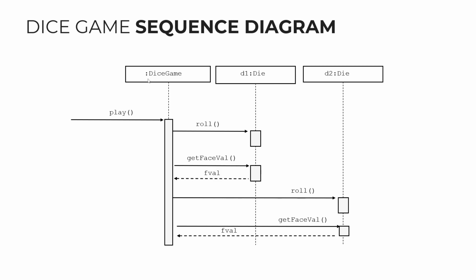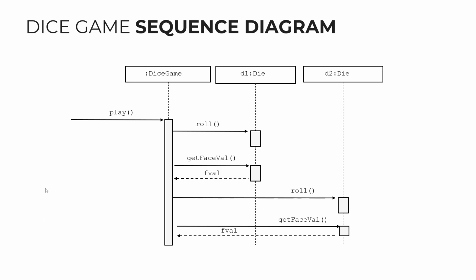It means that we don't care about the name. Any object of type dice game would do. But here we want to distinguish between two dice, so they will be D1 and D2. Therefore, we require a name to distinguish between them. But for dice game, any dice game would work. It doesn't matter in this conversation or this diagram.